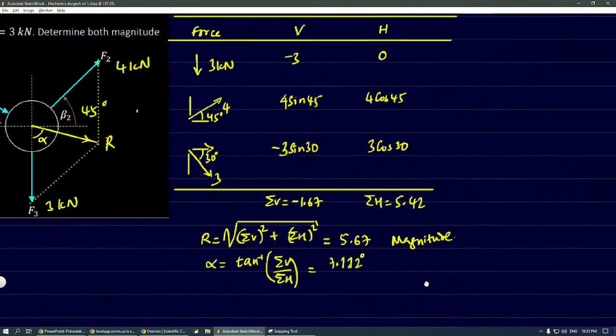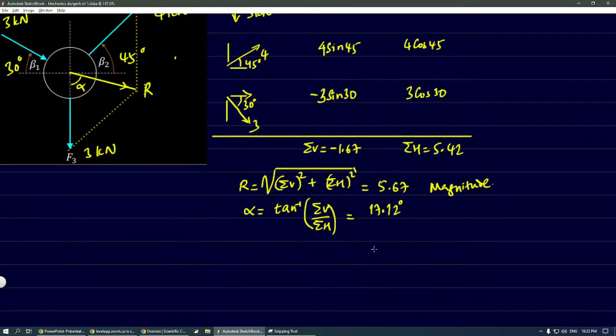Now we need to find the quadrant. The vertical component is negative and the horizontal component is positive, so the resultant will be in between these two, and the angle is from horizontal. So the resultant magnitude is 5.67, and its angle from the horizontal axis is 17.12 degrees. That's the result.